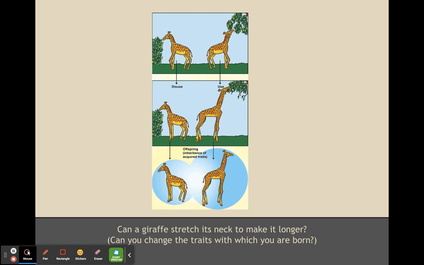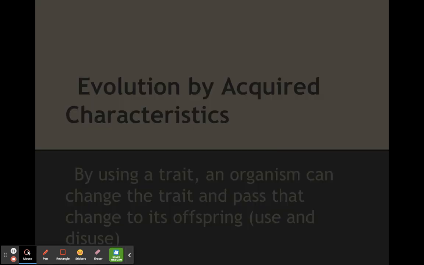But just because some physical attribute of you changes over time does not mean that you'll pass that trait down to an offspring. We are born with a set of, we know now, chromosomes that contain genes, and those are what determine, in combination with another person's set of genes, what your offspring will look like.